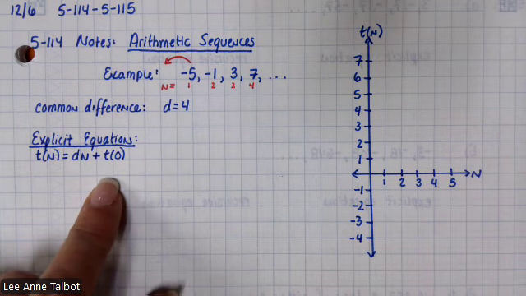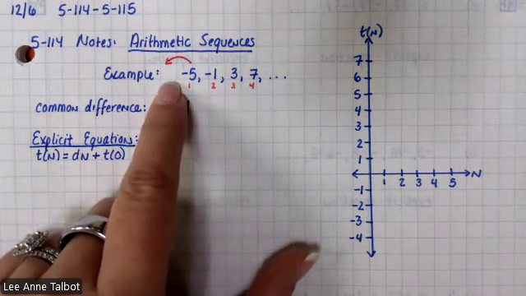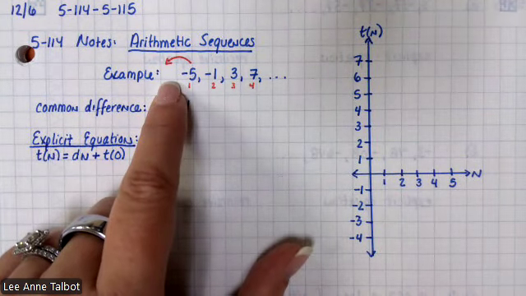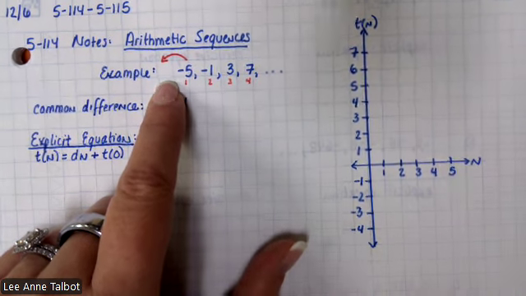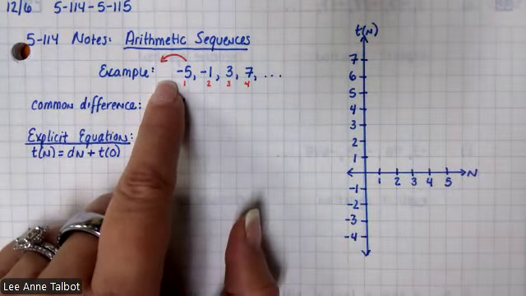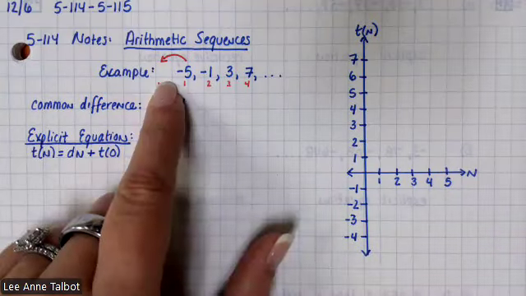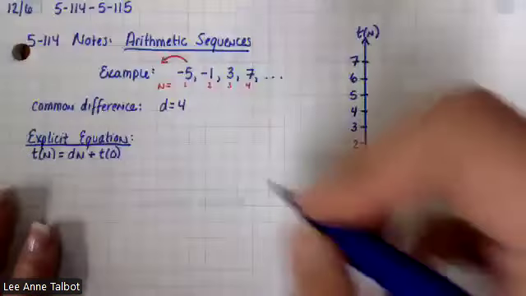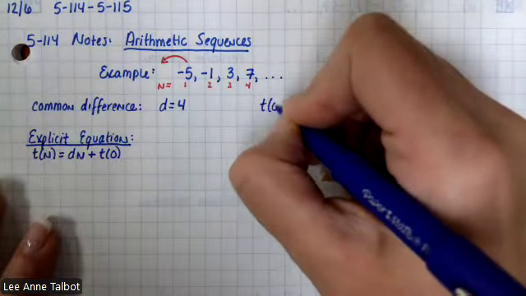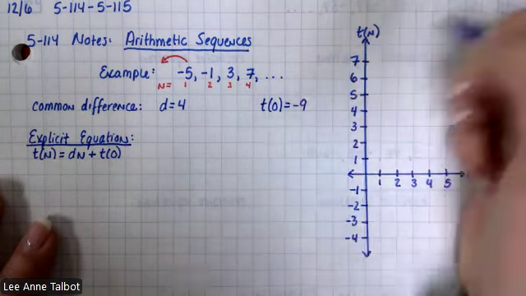What is t0 in this problem? You guys all see the -9? Everybody see the -9? Okay. Over here, I'm just going to write that.